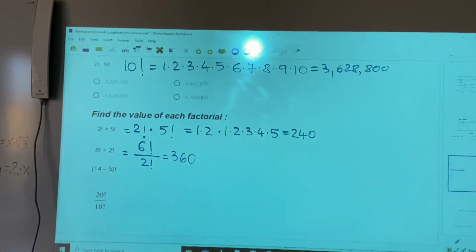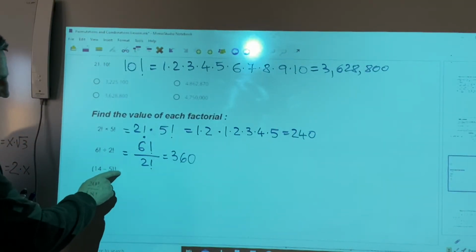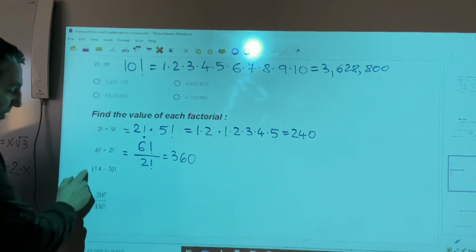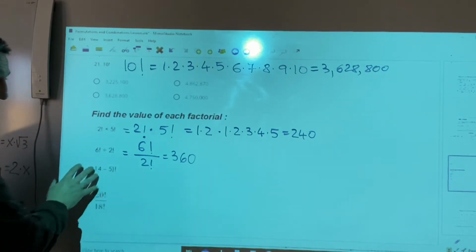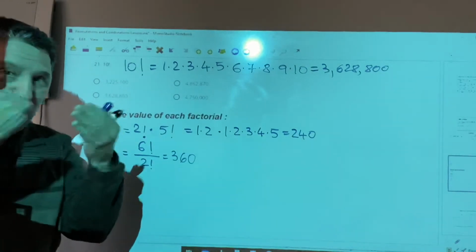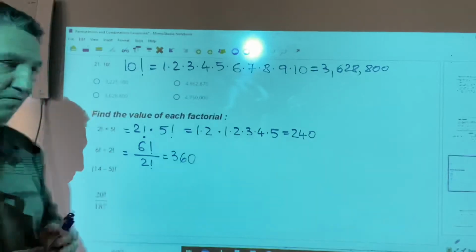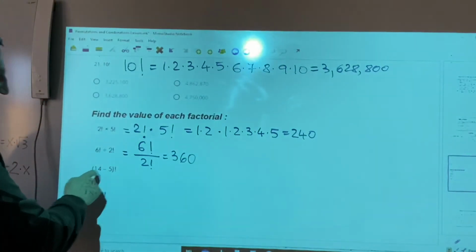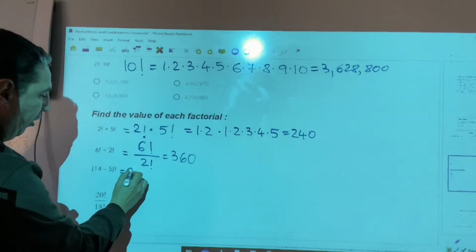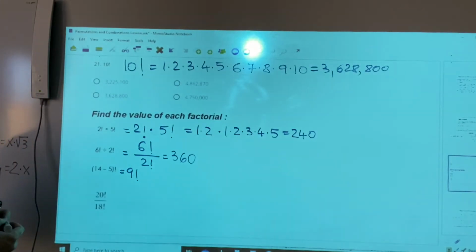For the next one, it is 14 minus 5 factorial. Remember, in order to find the answer, we have to apply PEMDAS. We have to evaluate the parentheses first. 14 minus 5 is 9, so you're going to have 9 factorial.